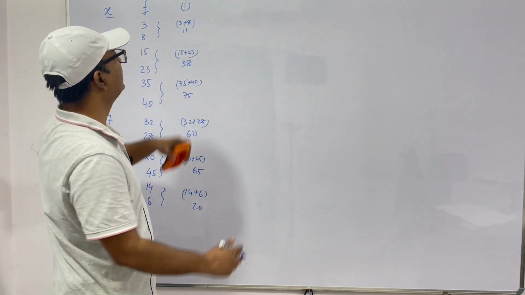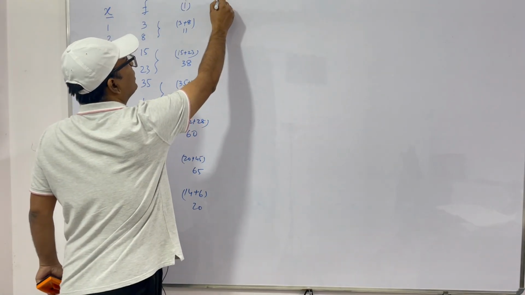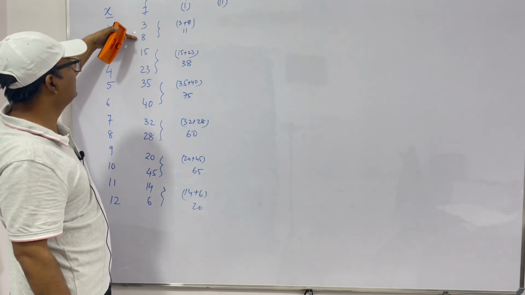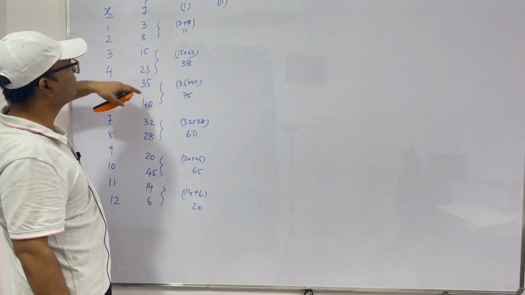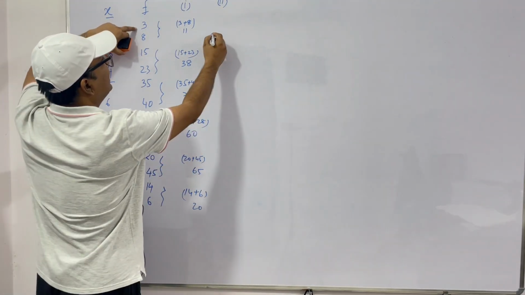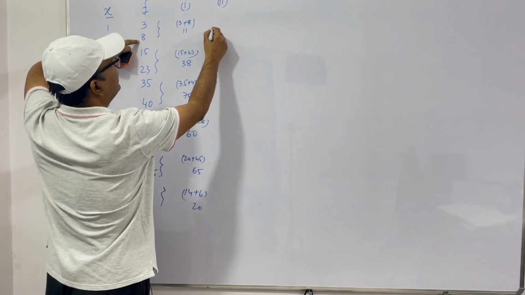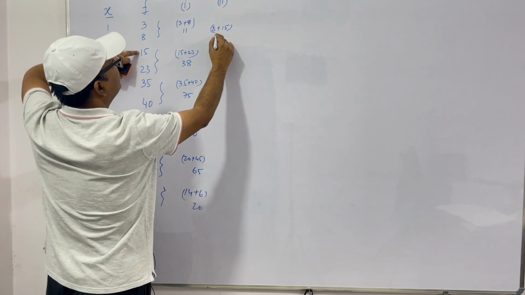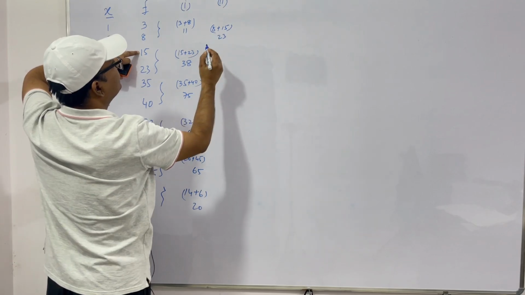Now next column, what we do, 2 by 2, we leave the first frequency and then we add the numbers as we did in column 1. That is, we'll leave 3, we'll add here 8 plus 15, that is 23.